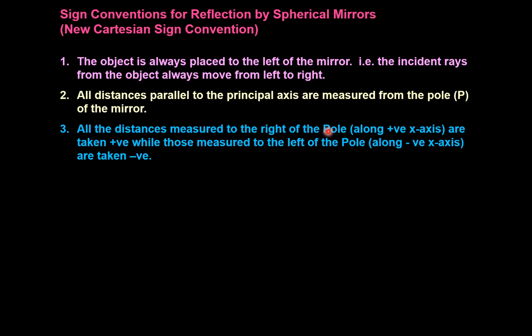So only this pole P will be the reference, the zero origin. To the right all distances are positive, to the left all distances are negative.